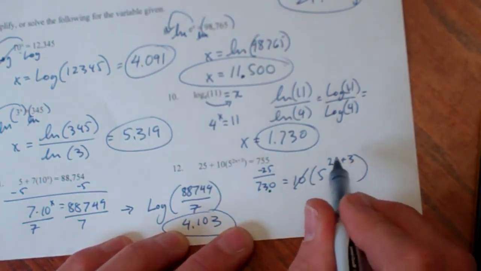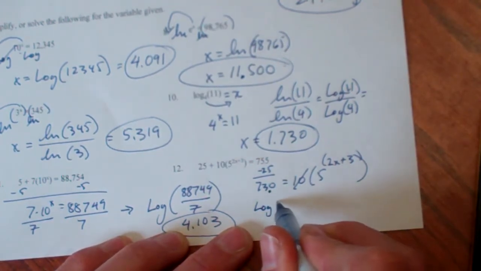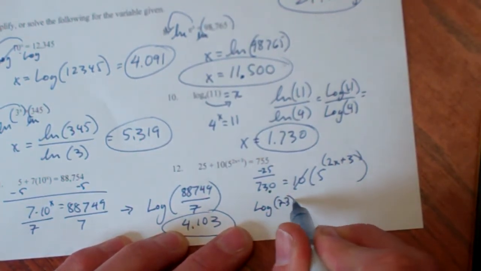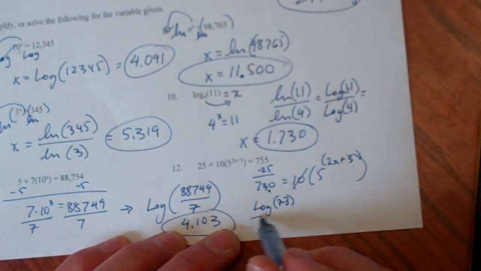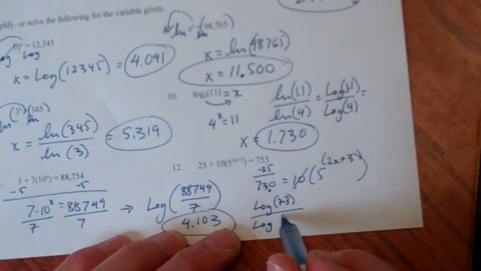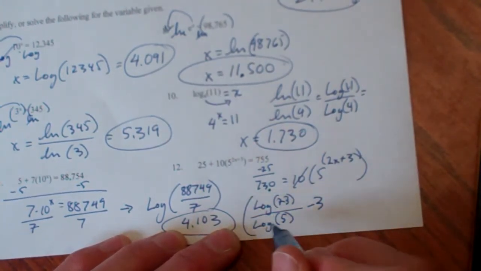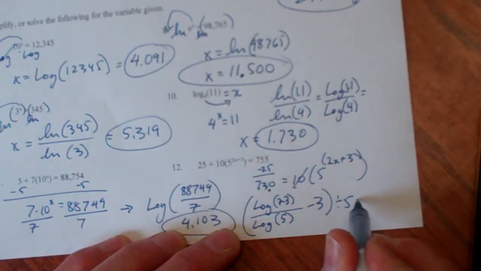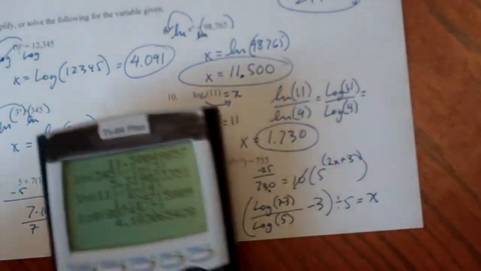And then when I take the common log of both sides, I'll have the log of 73. And when I get that answer, I'm going to divide by the log of 5. And then I'm going to subtract 3 from that, and then divide by 2, and that's going to give me my x. Alright, so let's just do that, and we are done.